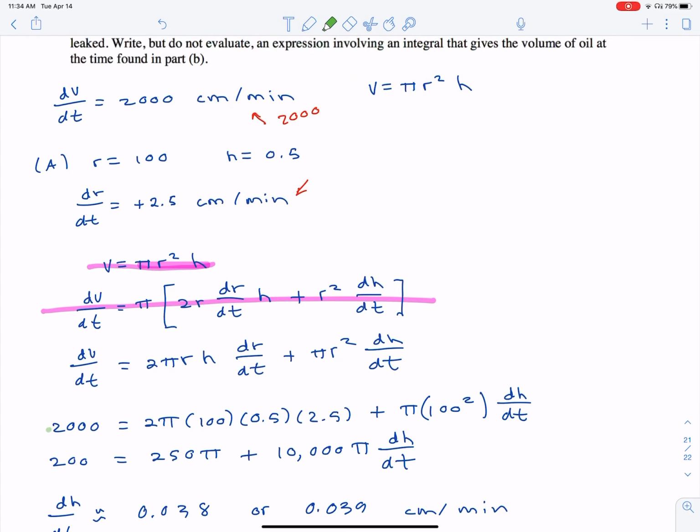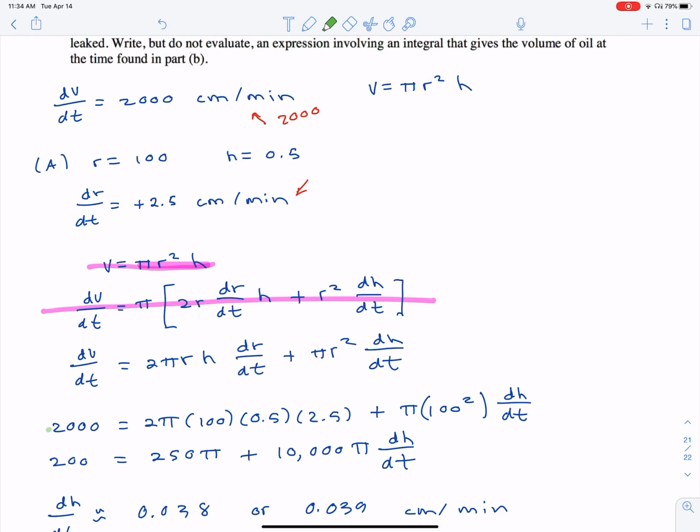So in other words, I want to know when the rate of change that they gave us in part B equals 2,000. Okay? Before I continue, let me clarify one more time.